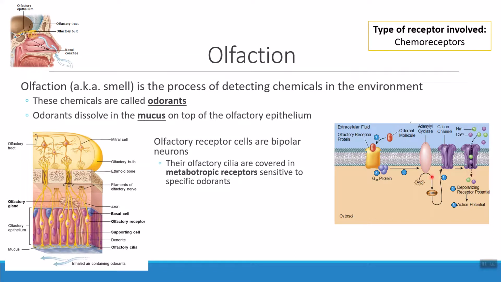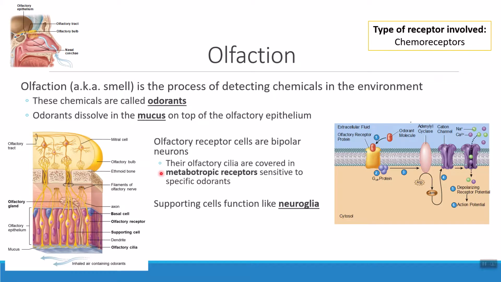So when you see this word metabotropic, just know that it's multiple events in a line. It's a series of events for me to be able to get a charge developed.